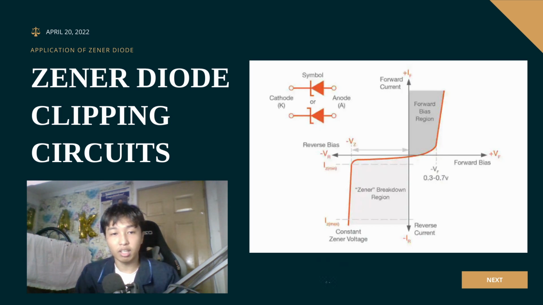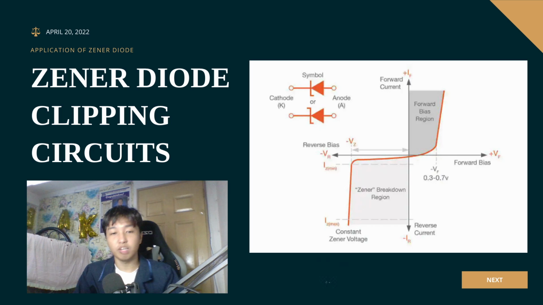A DC battery must also be supplied in order to adjust the clipping level to the required quantity. The diode functions as a closed switch when forward biased and as an open switch when reverse biased. By altering the battery's voltage and switching the clips, different levels of clipping can be generated. There are three types of clipper in clipping circuits.